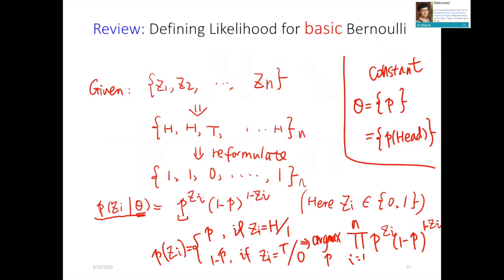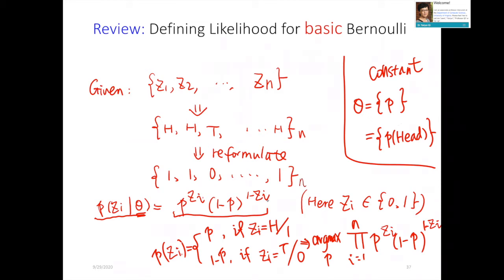If it's a tail observation, the probability should be 1 minus p. This product-style formula summarizes both. Let's decompose it: when zi is a head, the 1 minus zi part becomes 0, and you get P of zi equal to p. When you observe a tail, that gives you 1 minus p. So this one equation summarizes a Bernoulli distribution.